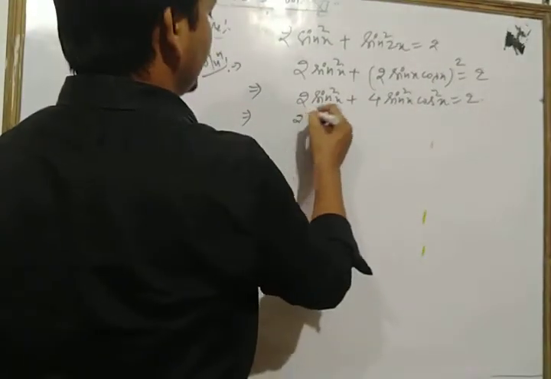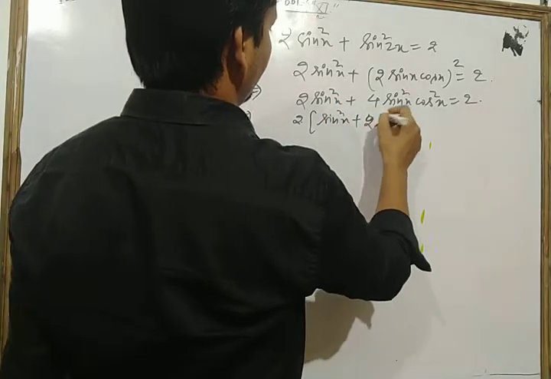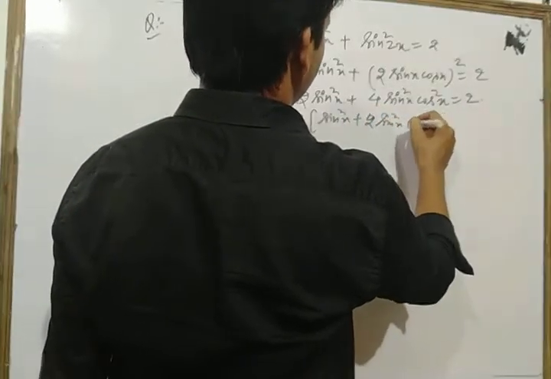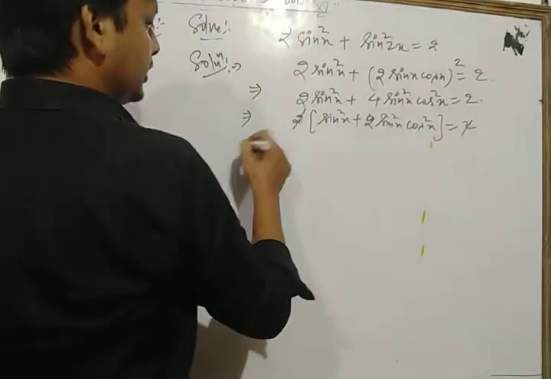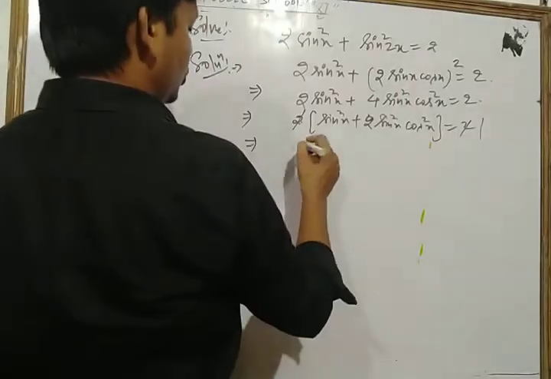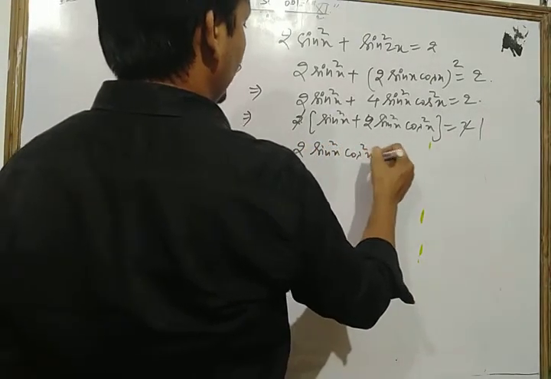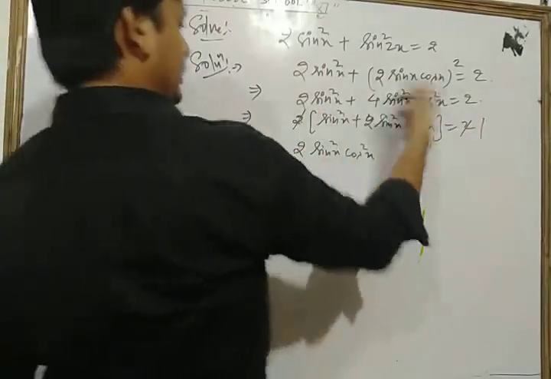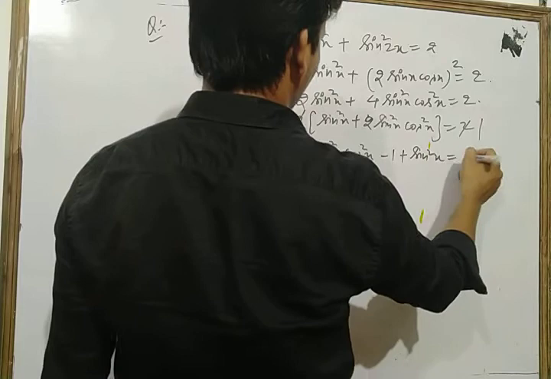So if we take 2 as common, we get sin square x plus 2 sin square x into cos square x is equal to 2. Now 2 cancel each other. Here we get 1. So we get 2 sin square x into cos square x, and here 1 transfer that side, so we get minus 1 plus sin square x is equal to 0.